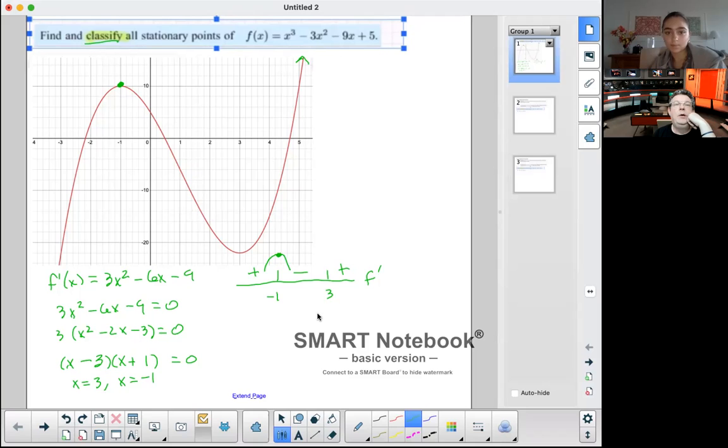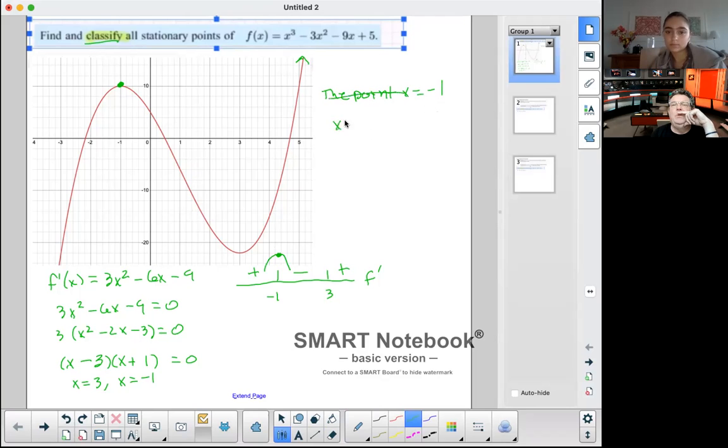So for the stationary points, at x equals -1, you don't have to write all this out for IB.